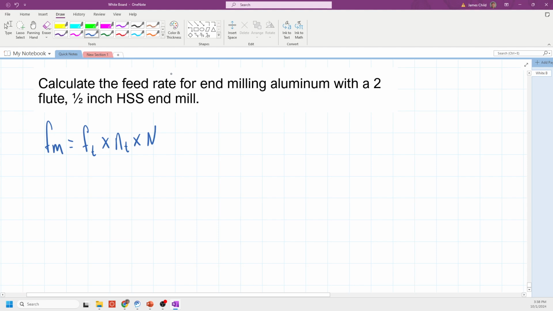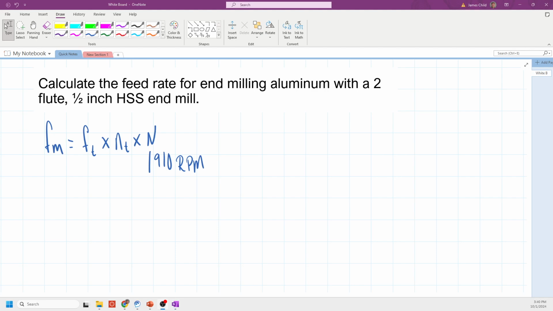So we already calculated the spindle speed for an end mill, aluminum, 1/2 inch, using high-speed steel. We've already calculated that, and we determined that to be 1,910 rotations per minute.